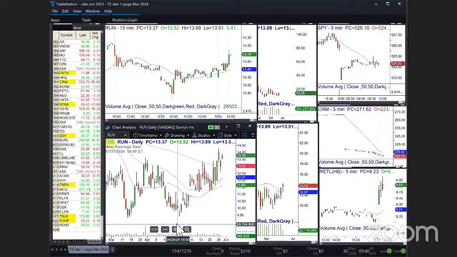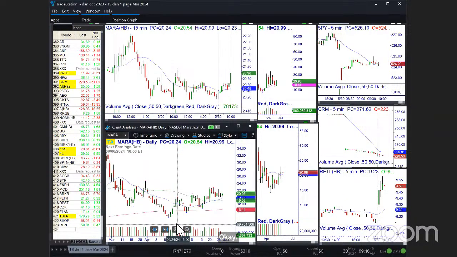Those are all the opens. They're all fine. Tomorrow we're long stock and put spread. Oh, Mara's up, alarm right now. Good.